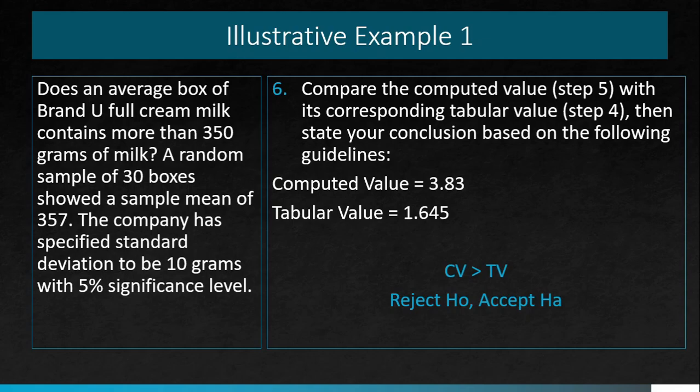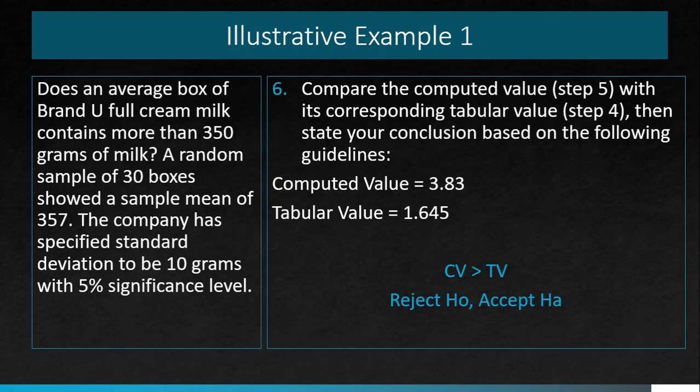I repeat, if you go back to the guidelines presented in the introductory part of this discussion, if your computed value is higher than your tabular value, you will reject the null hypothesis, meaning the difference is significant.